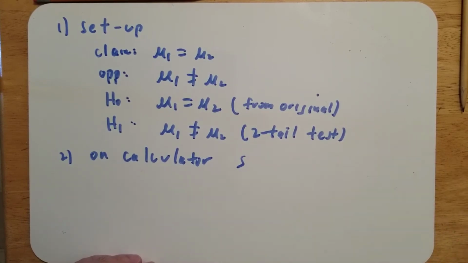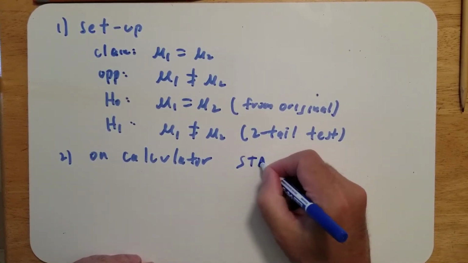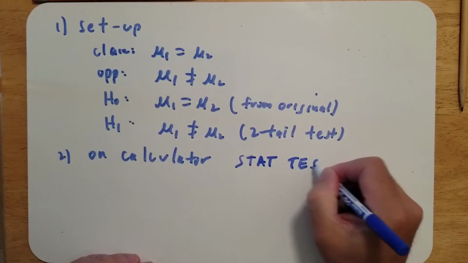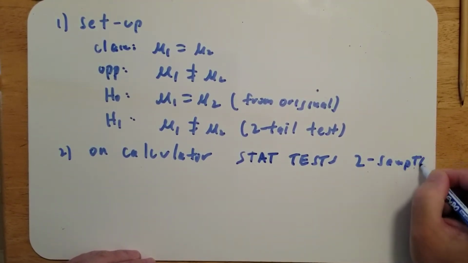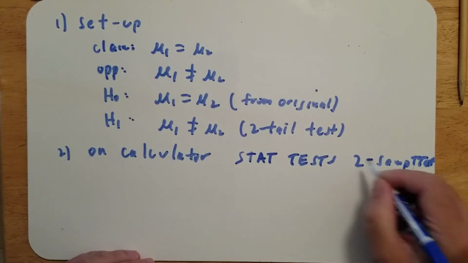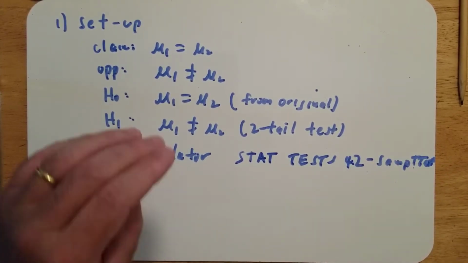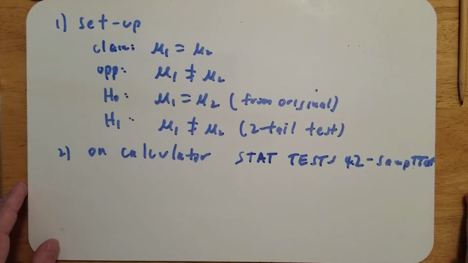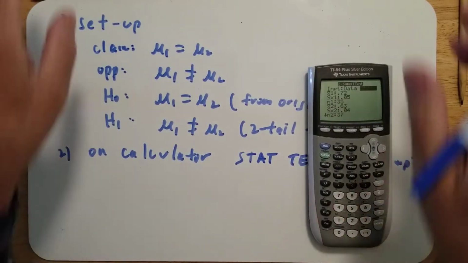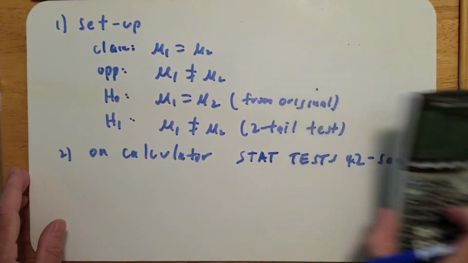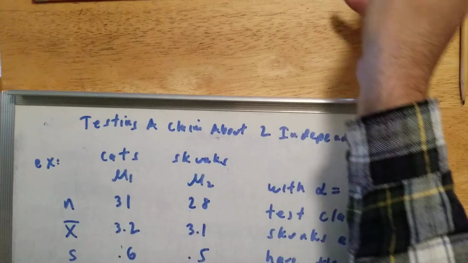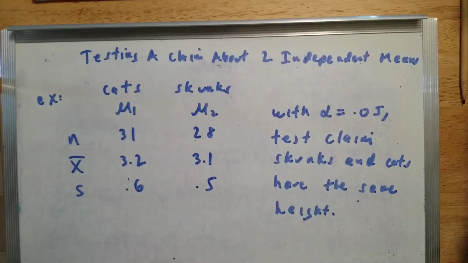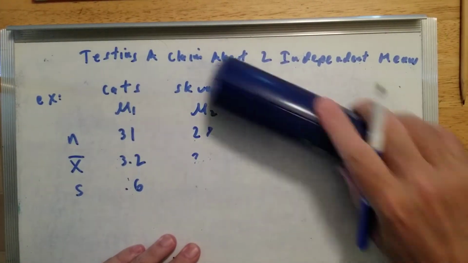Stat, tests, 2-SampTTest, which I think is number 4 on that menu. And I'm going to enter on the calculator the data that we're given. I have the data on this paper on the side here.